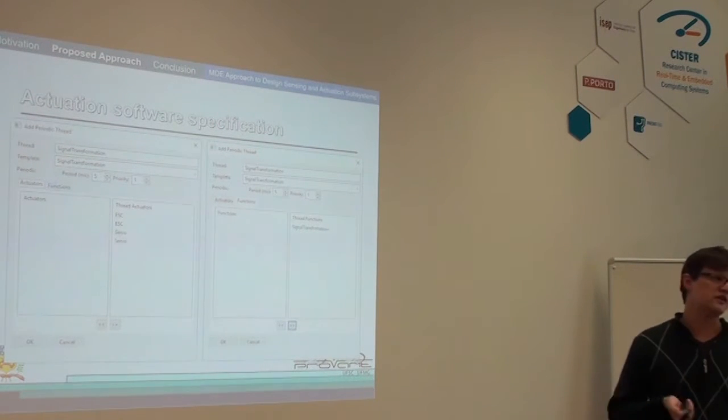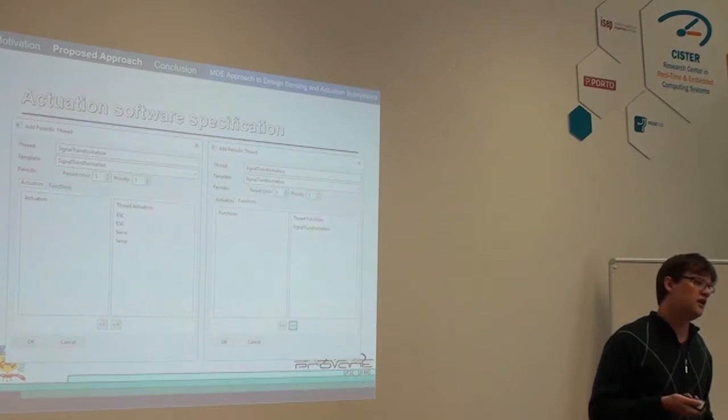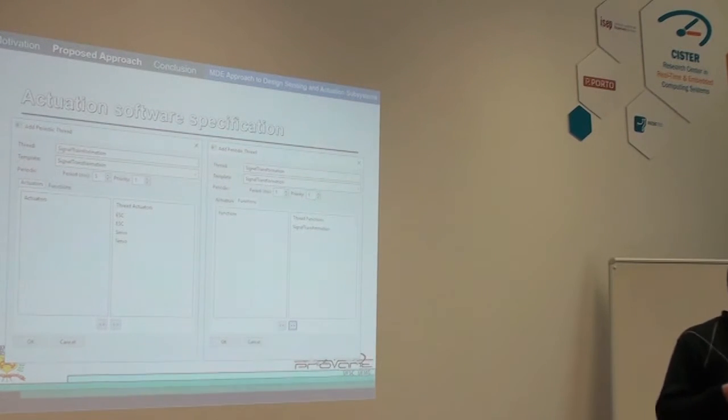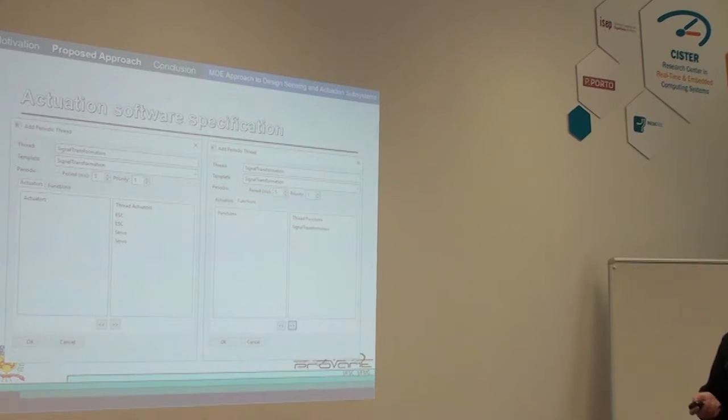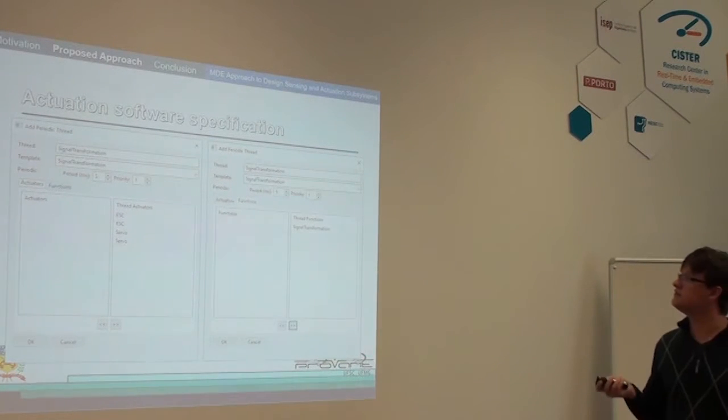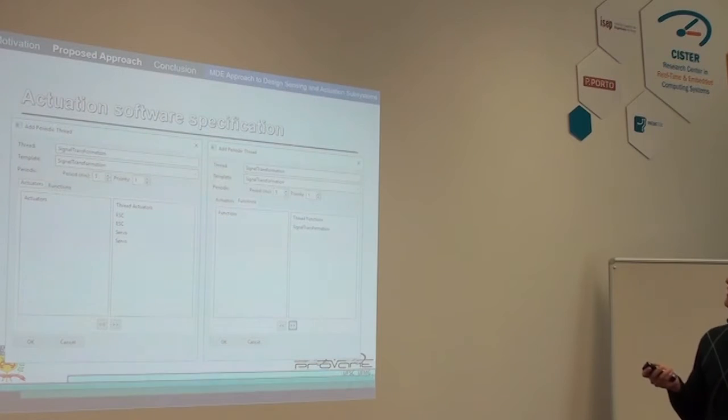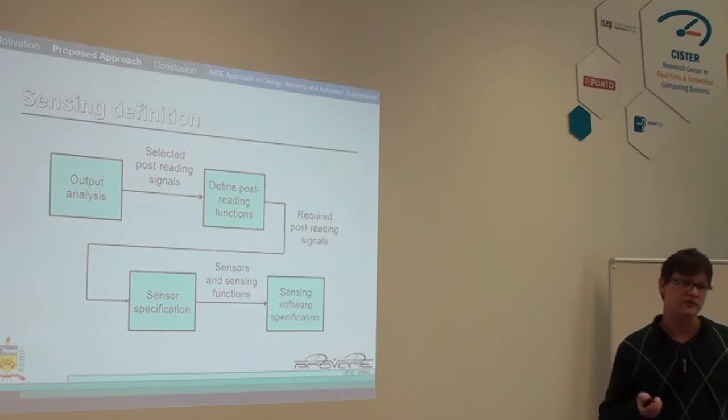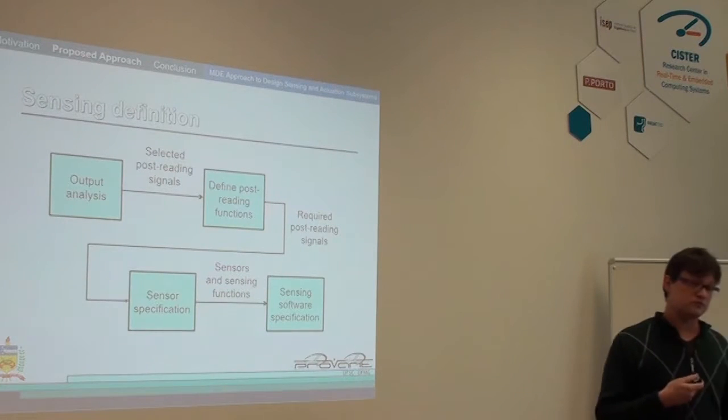In our case, it is a set of threads according to their periods, functions, and other characteristics required by the system actuators. Having defined these characteristics, we finish the design of the actuation subsystem and start to define the sensing subsystem.